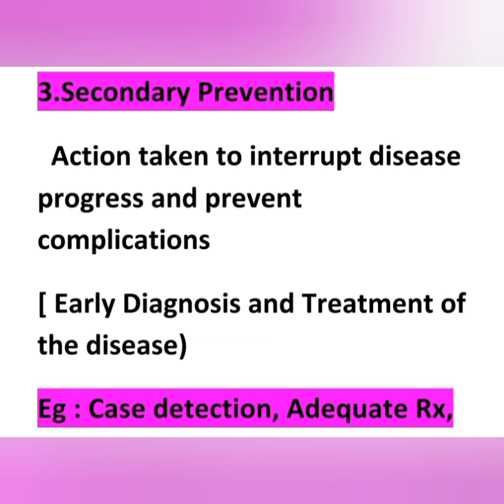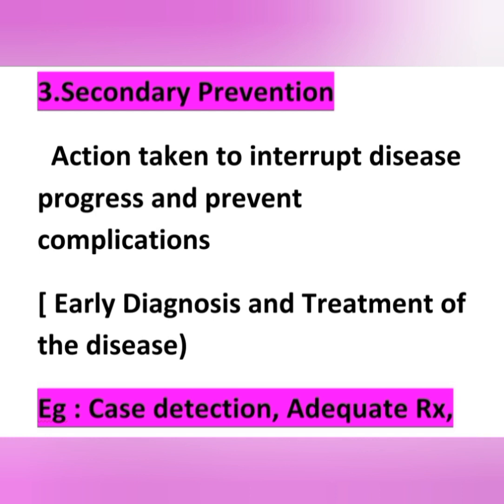secondary prevention. Secondary prevention means action taken to interrupt disease progress and prevent complications. So once the disease has occurred in a person, we have to take some action to prevent its progress and its complications. That is called secondary prevention. For example, early diagnosis and treatment of the disease.